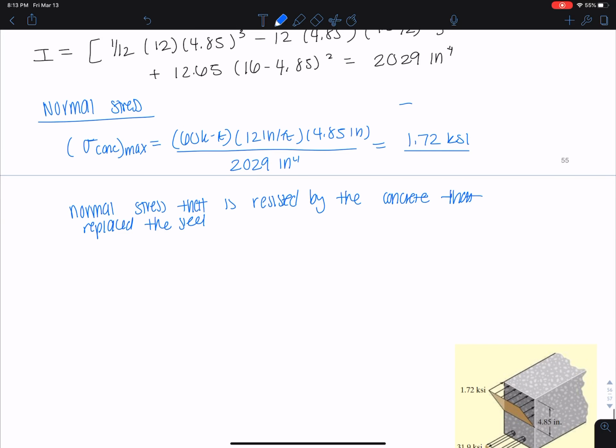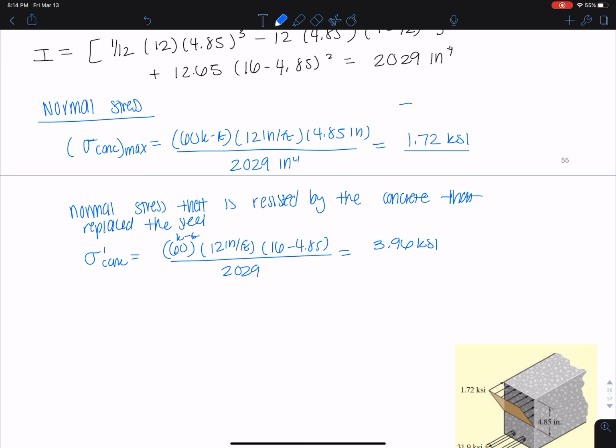And I can calculate that as sigma prime of the concrete is that 60 times 12 inches per foot, this is feet, times now the distance from the neutral axis divided by that 2029, and I get 3.96 ksi.